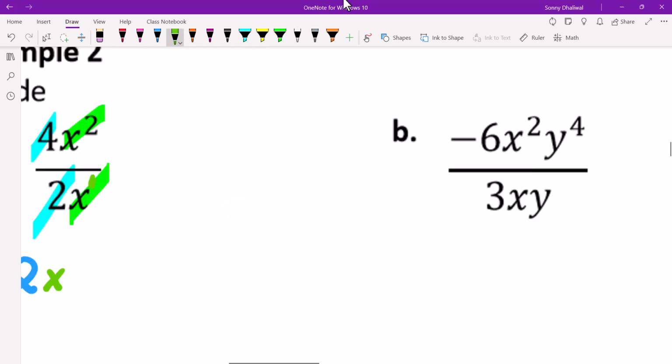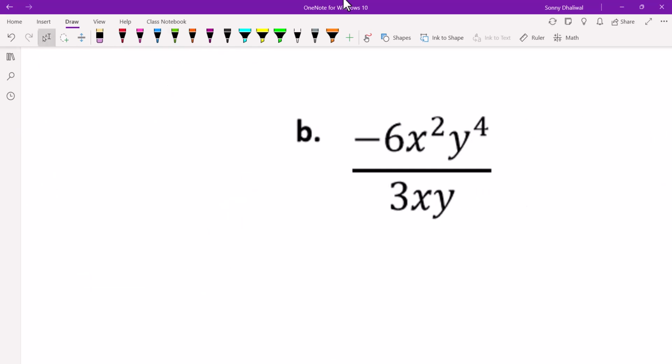All right? So you just pick off the same thing. Numbers with numbers, x's with x's, y's with y's, and you just do the appropriate arithmetic. Number and number. What do we get? -6 and 3. Are we adding, subtracting, multiplying, dividing? What are we doing with these numbers? Pavitra? We divide. We divide, thank you. 6 divided by 3 is 2, and we have that negative sign.